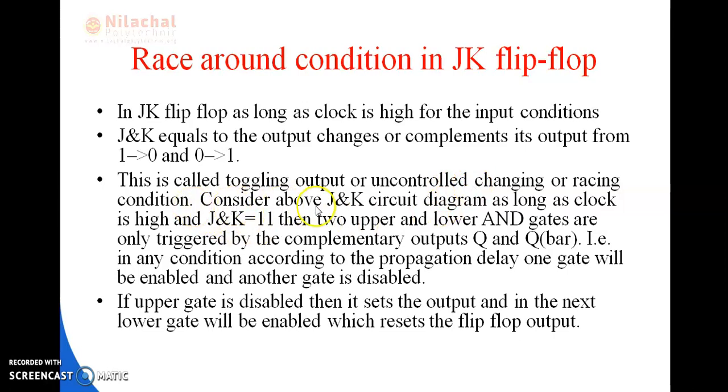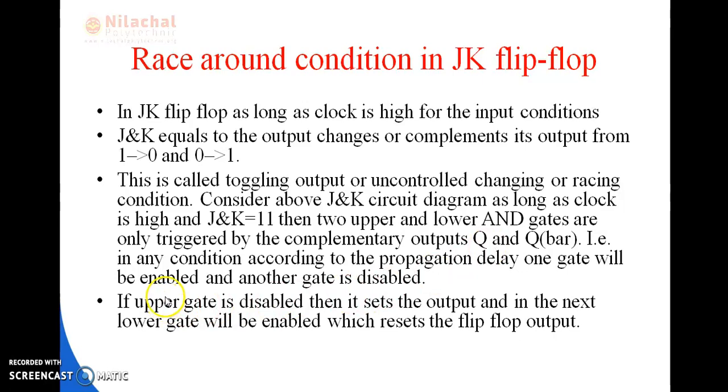Consider the above JK circuit diagram. As long as the clock is high and J and K equal 1 and 1, the upper and lower AND gates are triggered only by the complementary outputs, that is Q and Q bar.